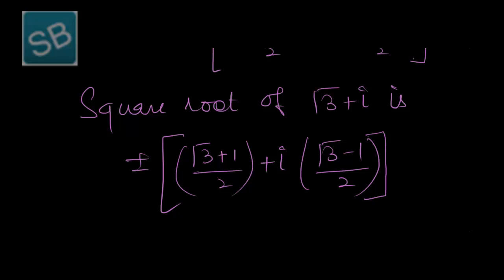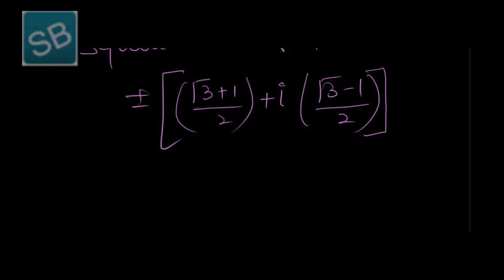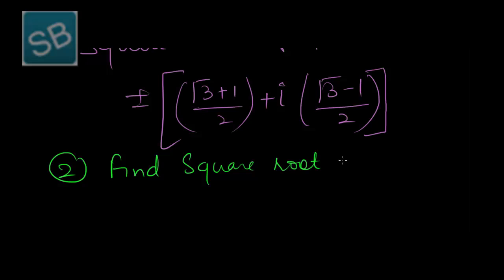Now in the second problem, we will use the method to find the square root of a given complex number. So the second problem is: find the square root of iota. So we have to find the square root of this complex number.